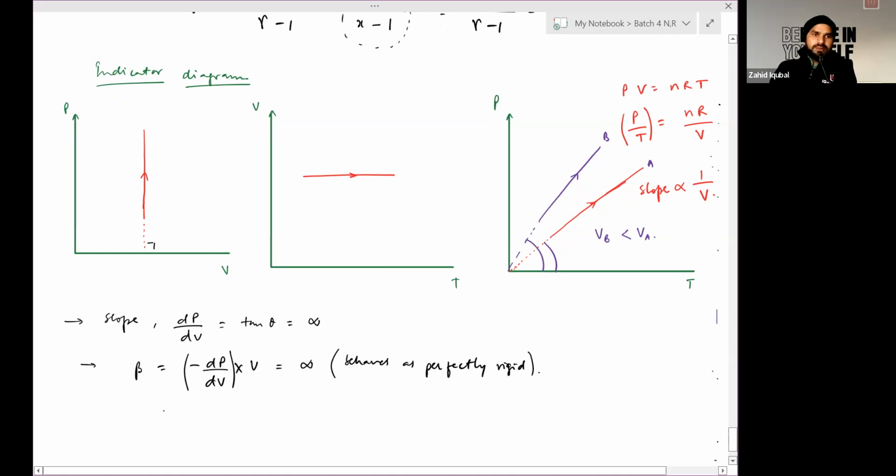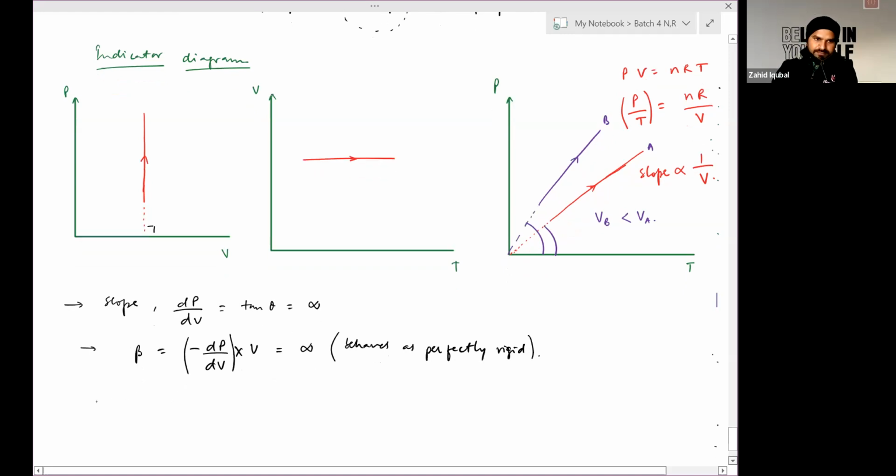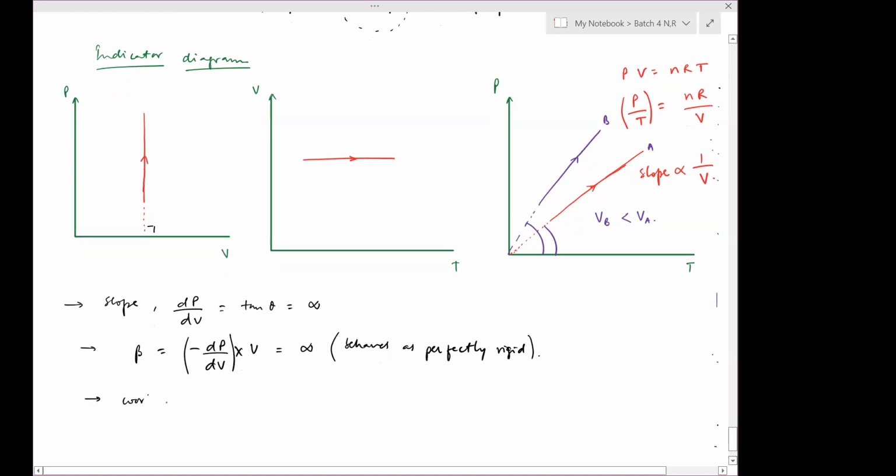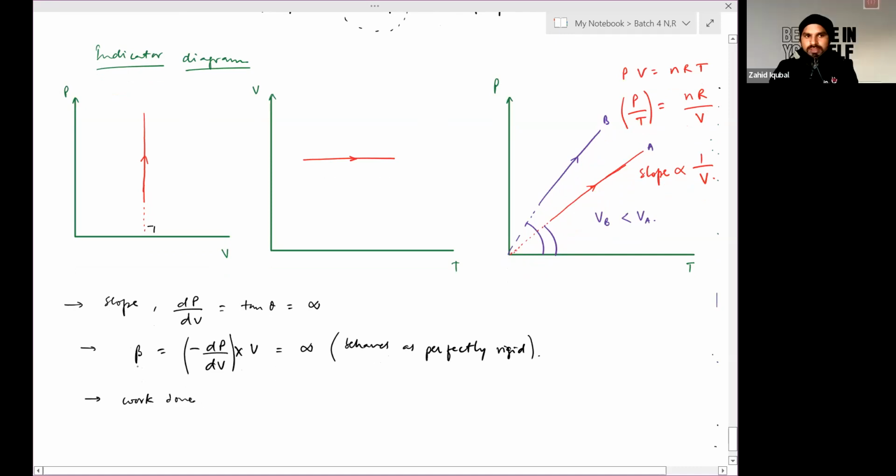Next, we have to calculate work done related to this curve. Can you explain that again, the infinity part? The bulk modulus, beta, equals dp by dv multiplied by v. Since dp by dv, the slope of this particular curve, is infinite, since this line is inclined normally to the horizontal x-axis, it is tan 90 degrees, and tan 90 is infinity. If you put dp by dv as infinity, you will get beta equals infinite.